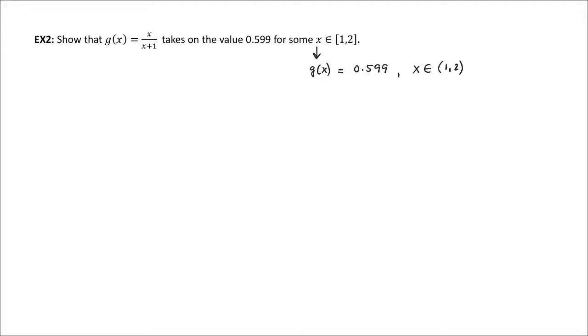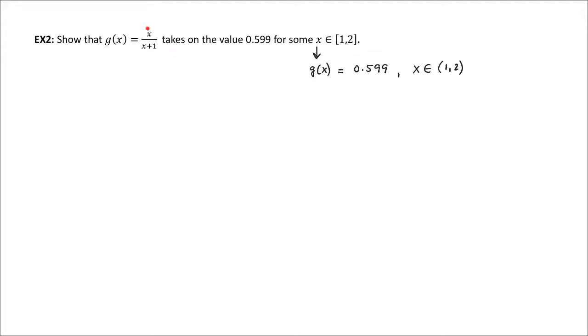So how can I use the IVT in this situation? Well, in order to use the IVT, I have to make sure, number one, and please always make this your number one check, that your function is continuous in the interval [1, 2]. And you notice that this function is continuous in that interval.